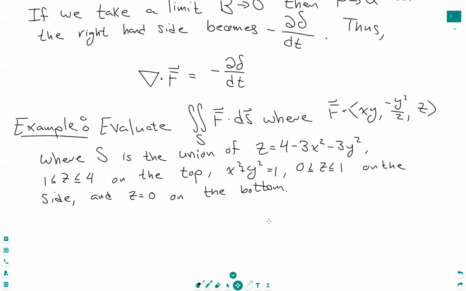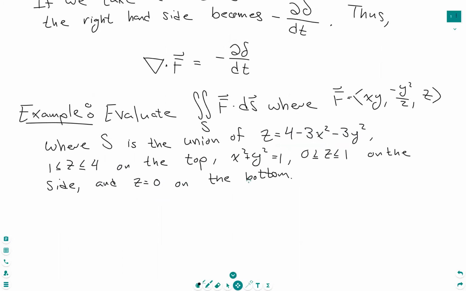So we have some surface area, and it looks like our surface area is closed. We have some plane that defines this top. We have a cylinder that defines the side. And that's not, this is actually not a plane. This is a paraboloid on the top, and then we have a cylinder on the side, and then we've got a plane on the bottom.